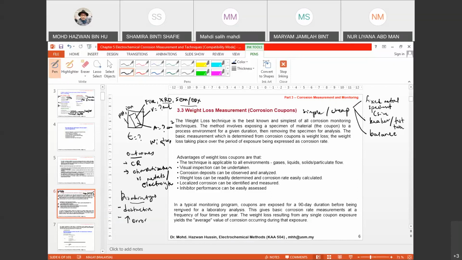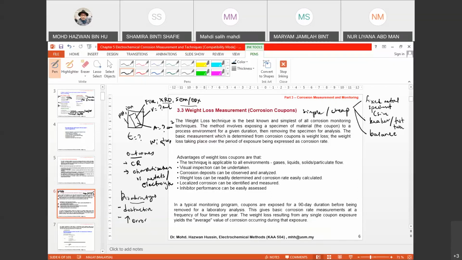Sometimes the condition can be like a temperature of 25 degrees, sometimes it can be hotter than that, sometimes lower than that. So there's no assurance. There are a lot of environmental errors that you can observe from these methods.